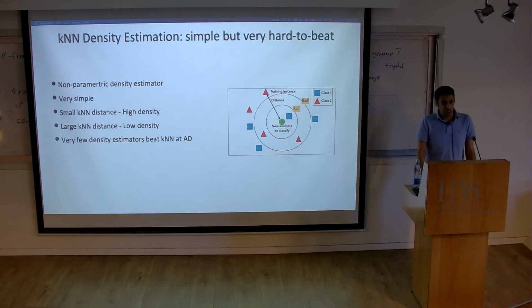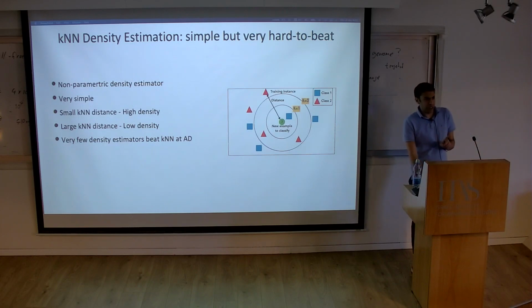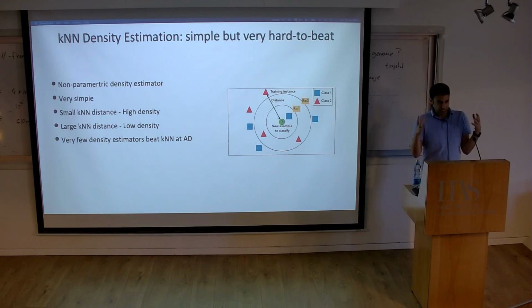Okay, so if I understand your question correctly, what you're saying is it's fine that you've now mapped every example to a distance, but this distance by itself doesn't tell you if it's an anomaly or not. This should be a binary problem, right? Anomaly or not anomaly, and you've just given me a number.